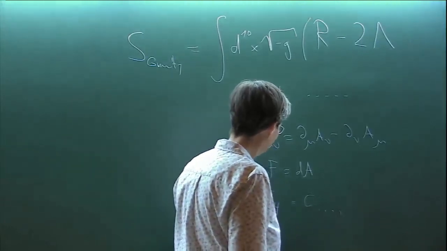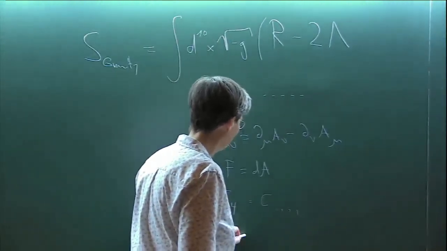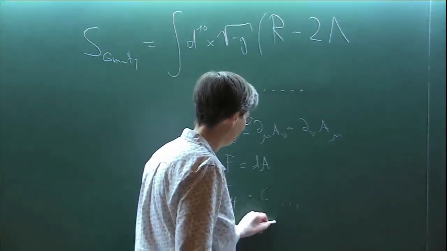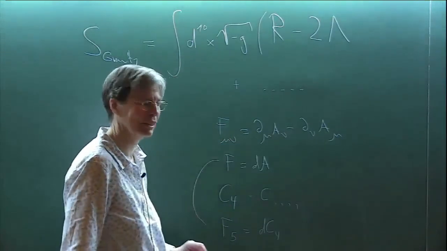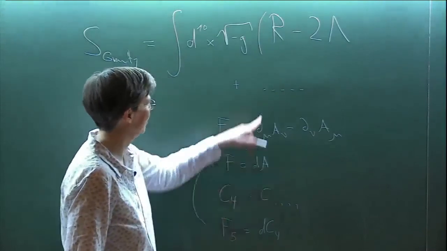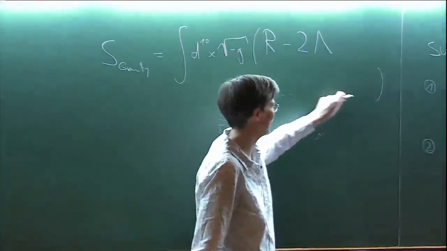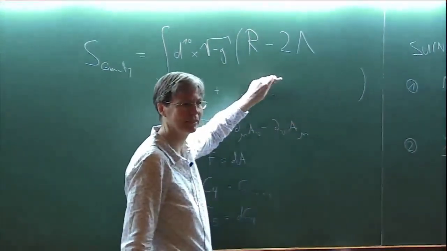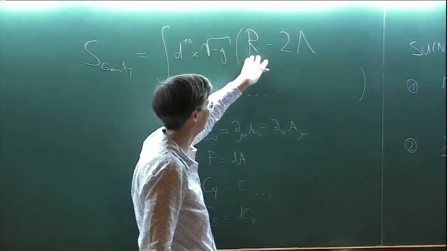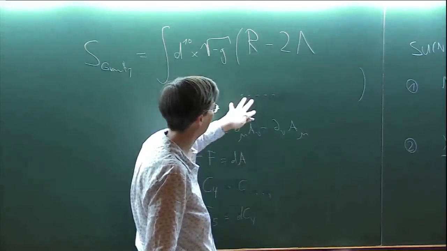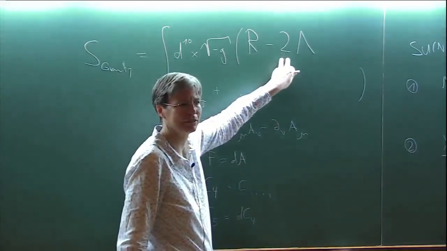And then you can define a more complicated gauge field, which is dC4, the same as this. There will be a number of these fields which provide some matter terms in this action. That's determined by the string theory construction. So there will be a Ricci term, there will be these higher order forms, and there's a negative cosmological constant.